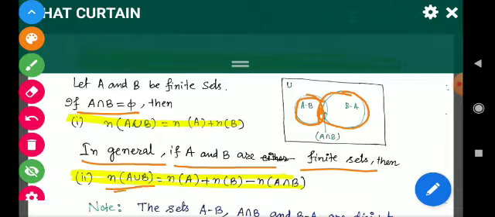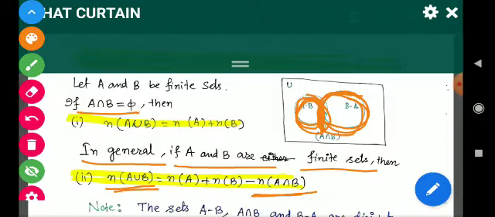So the number of elements of set A union B will be the number of elements of set A plus the number of elements of set B. We have taken A intersection B two times here, so that's why we subtract A intersection B once.